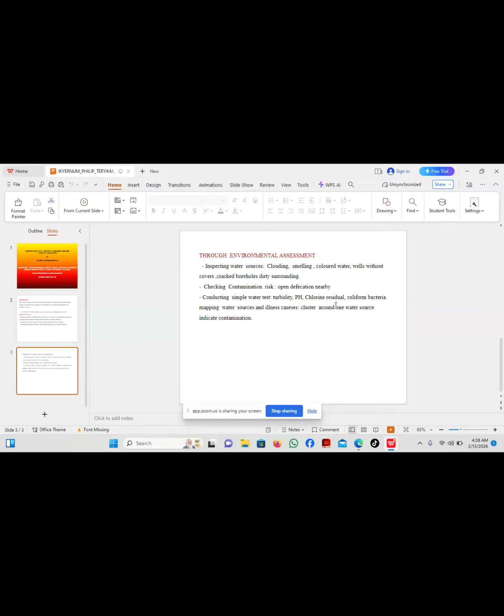I also identify waterborne disease through environmental assessments. This can be done by inspecting water sources, cloudiness, smelling, water wells without covers, clogged boreholes, and dirty surroundings. The second way I can assess waterborne disease in my community is by checking contamination risk, open defecation nearby.